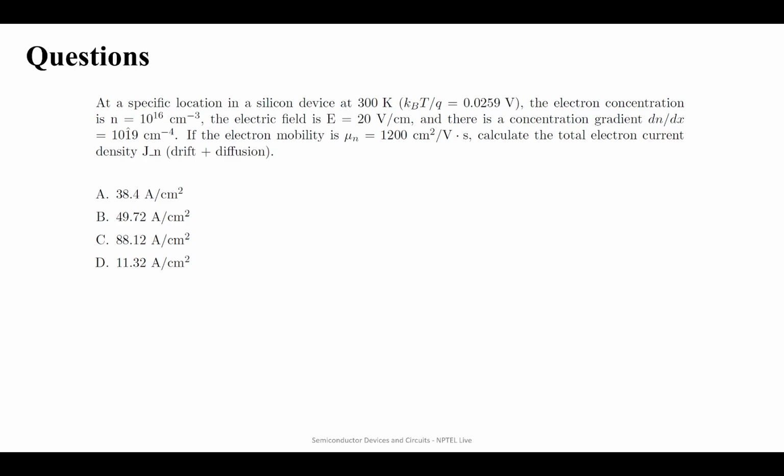At a specific location in a silicon device at 300 K, kT/q equals 0.0259 volts. The electron concentration is n equals 10^16 per centimeter cube. Electric field is E equals 20 volt per centimeter, and there is a concentration gradient dn/dx equals 10^19 per centimeter to the power minus 4. If the electron mobility mu n is 1200 centimeter square per volt second, calculate the total electron current density Jn, that is drift plus diffusion.